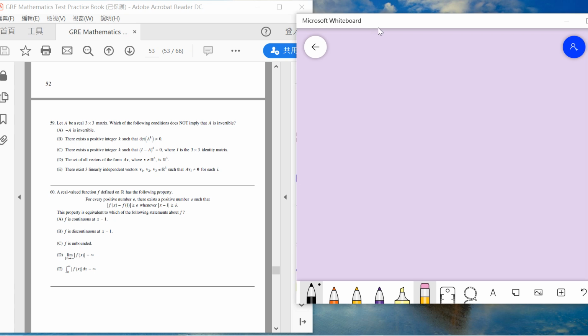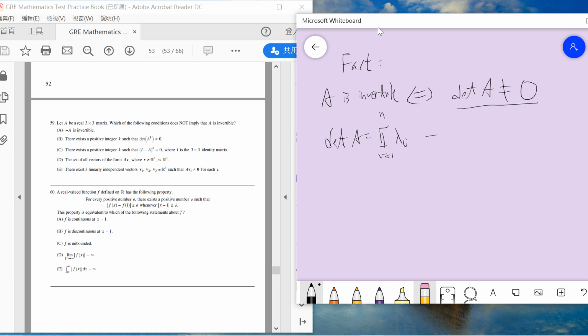Okay, to solve this, we need to know some basic facts. A is invertible if and only if the determinant of A is non-zero. Also, the determinant of A is the product of all eigenvalues, so all eigenvalues must be non-zero.